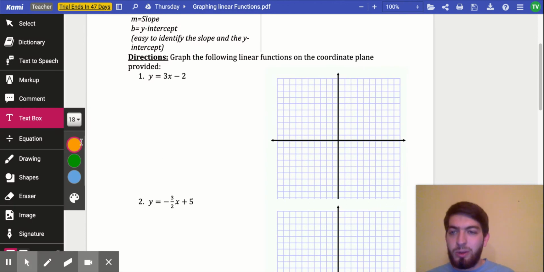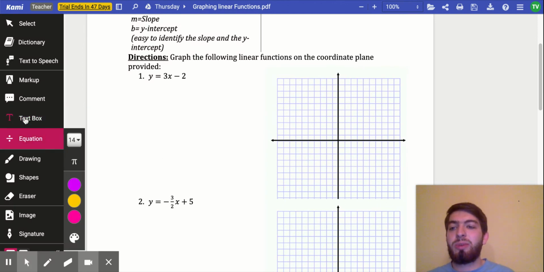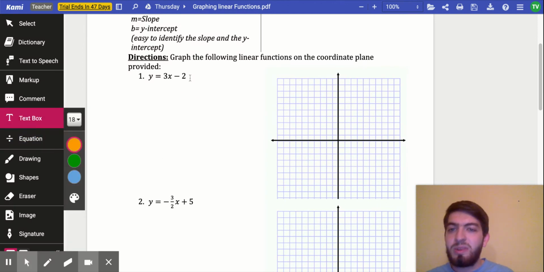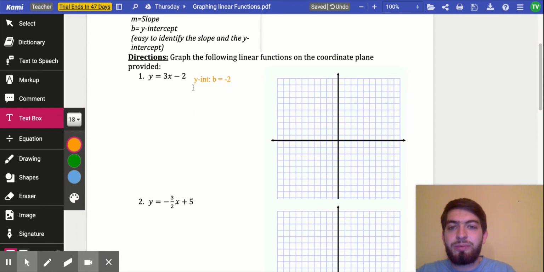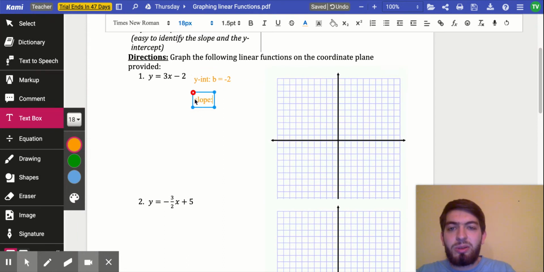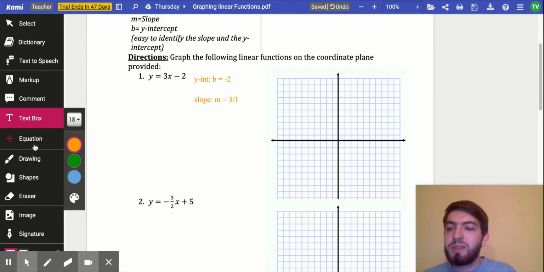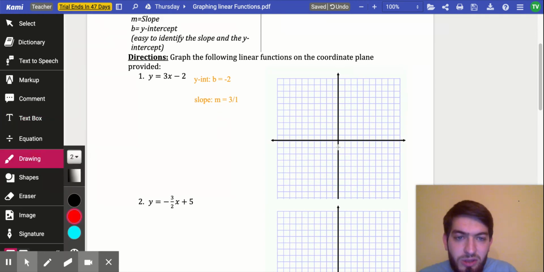So the point (10, 28) should be on my graph. But our shortcut way of doing this is just using slope and y-intercept. And we should be able to recognize here that the y-intercept, or b, is -2. And the slope is m, which is 3/1. So that tells us I want to start my graph at -2, and I want to go from there up 3 and over 1.